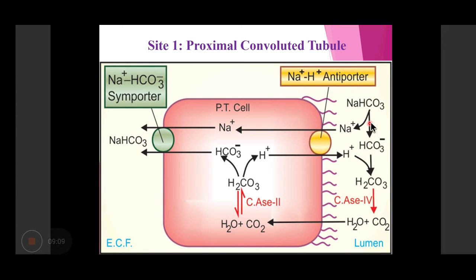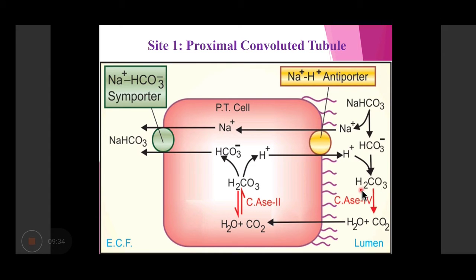The bicarbonate that is left combines with the hydrogen ion to form carbonic acid. Now this carbonic acid is acted upon by the brush border enzyme known as carbonic anhydrase isoform 4. Carbonic anhydrase catalyzes the breakdown or formation of carbonic acid.